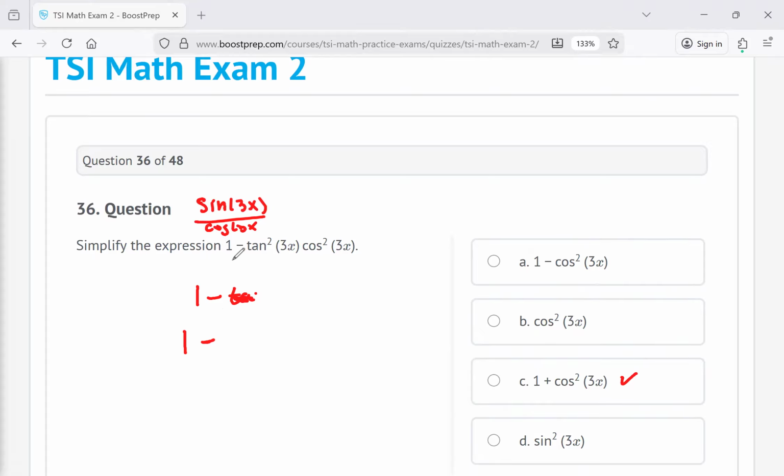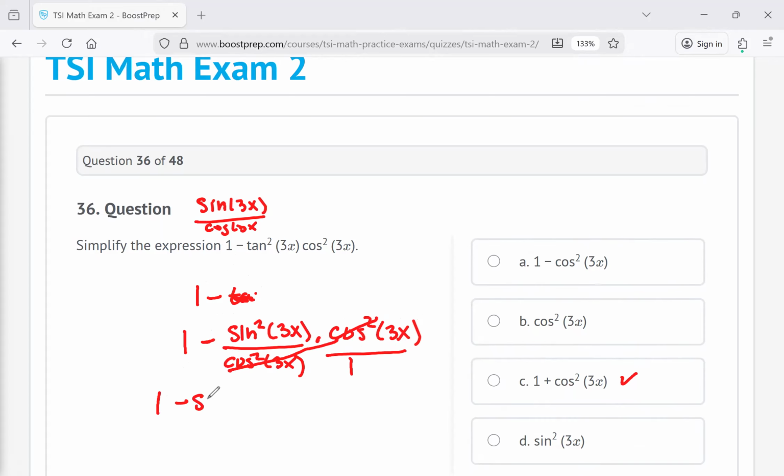What would be tan squared? Sine squared of 3x over cosine squared of 3x, right? And then times cosine squared of 3x. What do you see that cancels? Yes, the cosine squared cancels. So you're left with 1 minus sine squared of 3x.